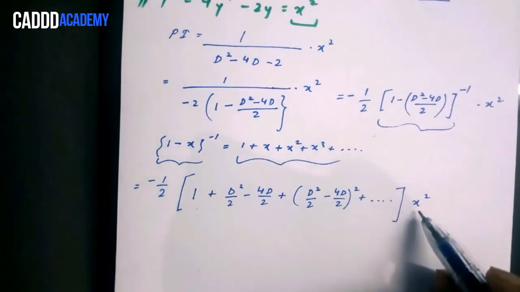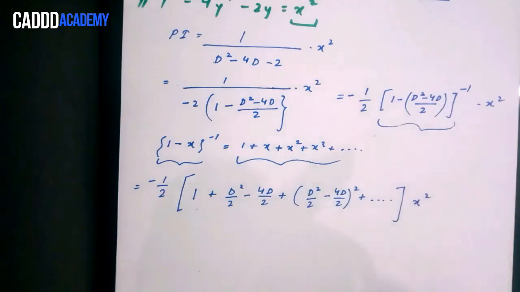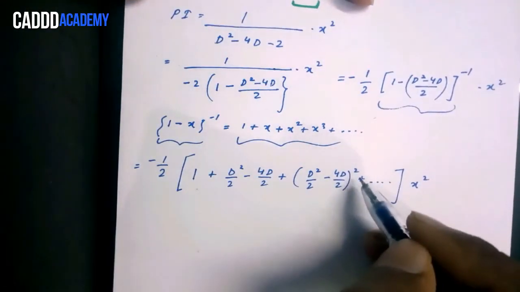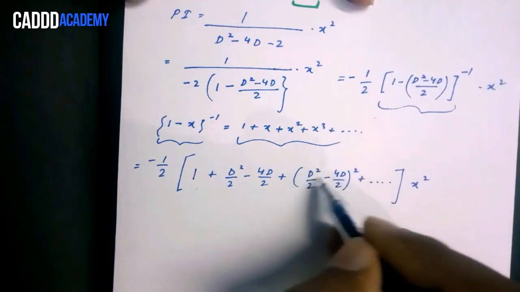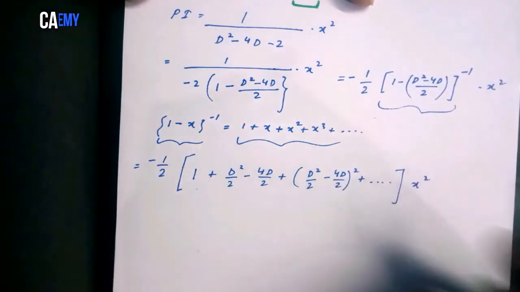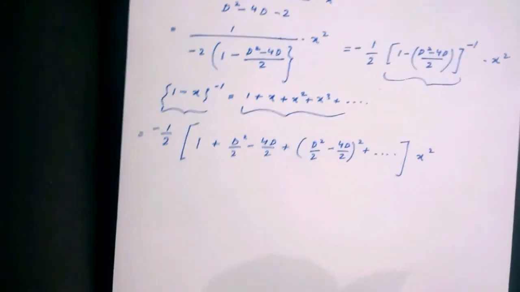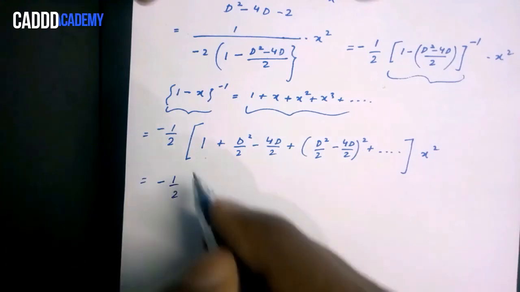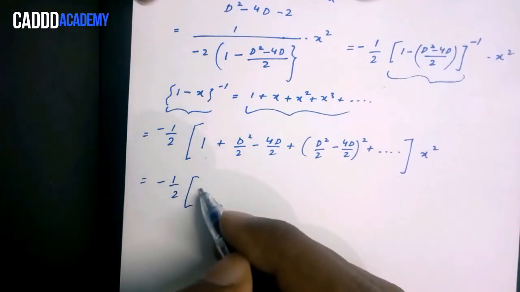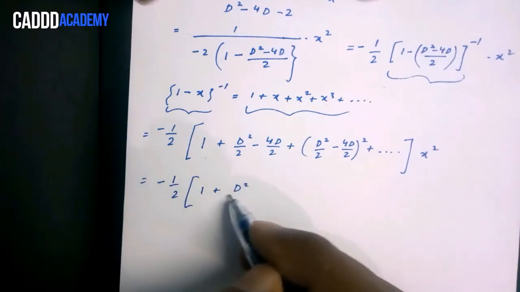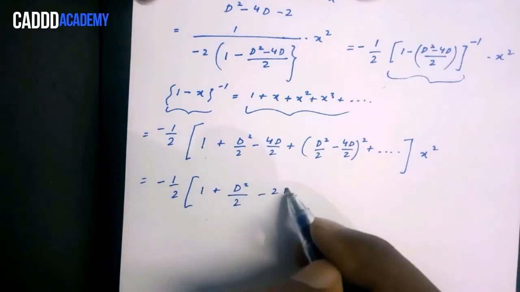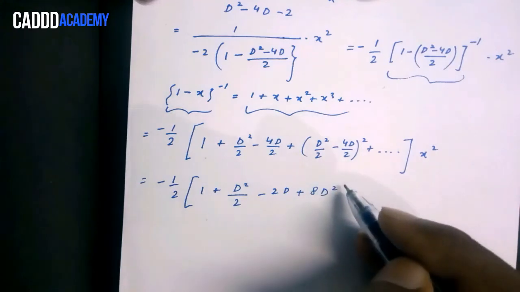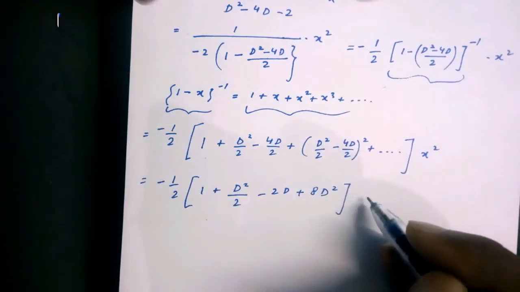Since we have a second order polynomial, we don't have to go above the second order, because after that we will have a third order derivative and that will be 0 here. So we are neglecting the higher order terms. So after expanding this, we will have 1 plus d square by 2 minus 2d plus 8d square, and the rest of the things will be of higher order.